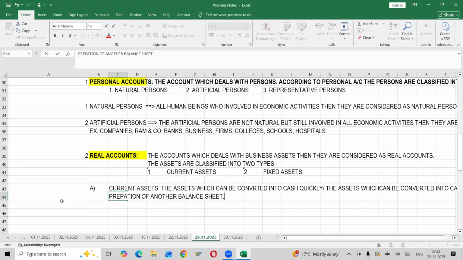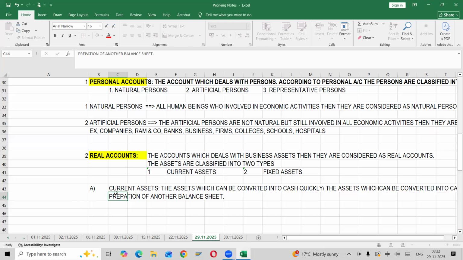Whatever is last in the accounting year end, the last step would be preparation of the balance sheet. After that, they will start again. So whenever a company prepares a balance sheet, from last year's balance sheet to the current year's balance sheet, whatever assets we can convert into cash are considered current assets.